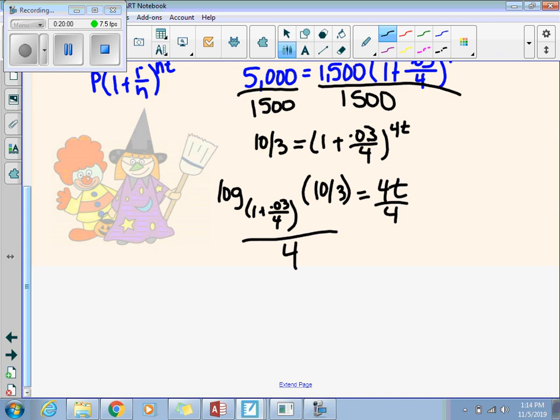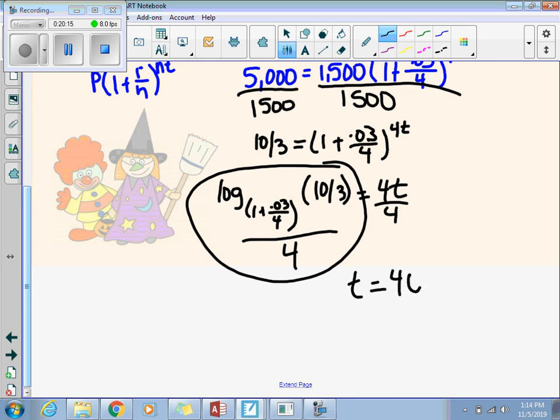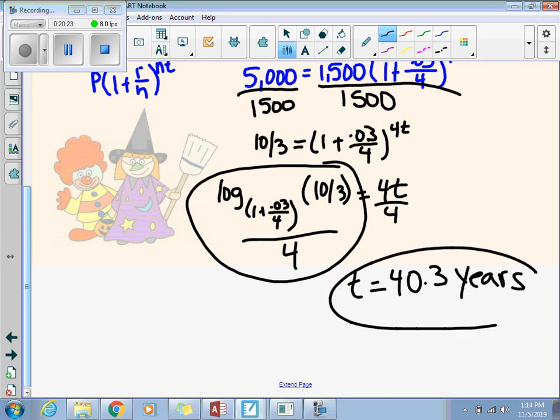So this is what we type into our calculator to get our answer. It looks nasty, but your calculator does it all for you, so do not stress. You just have to type it in the exact way that you see it, and you'll find that your t ends up being 40.3 years. That's how long it'll take us to get there, which is a very long time. 3% is not a good rate.